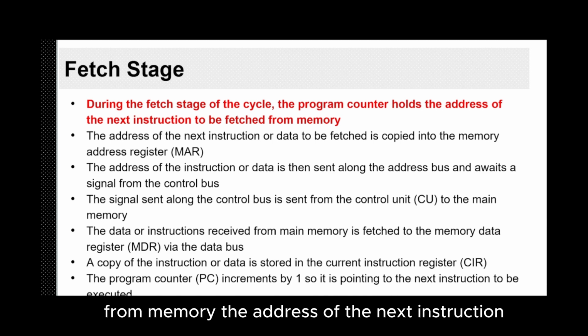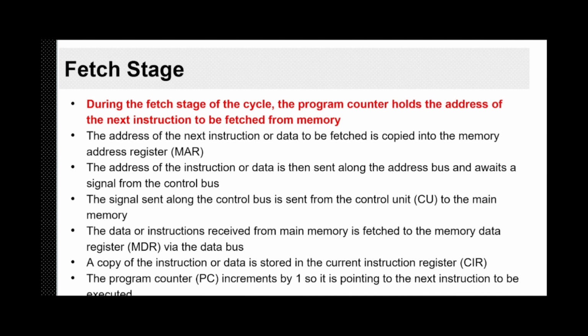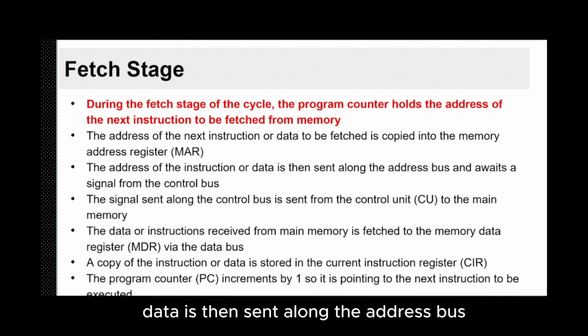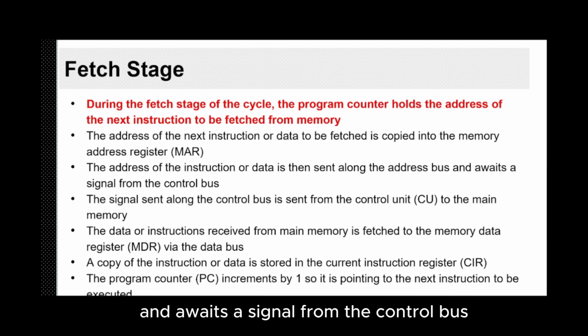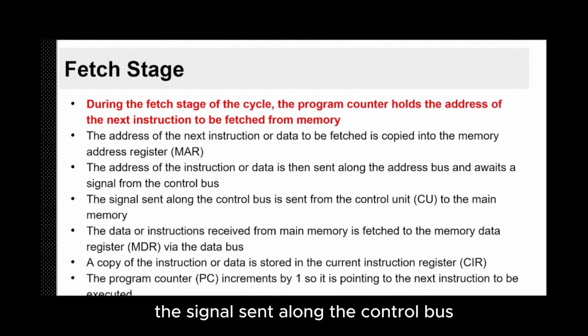The address of the next instruction or data to be fetched is copied into MAR. The address of the instruction or data is then sent along the address bus and awaits a signal from the control bus. The signal sent along the control bus is sent from the control unit to the memory.